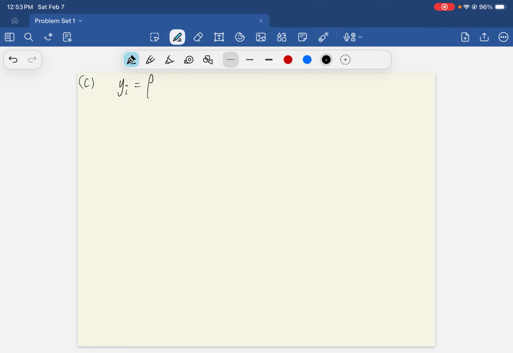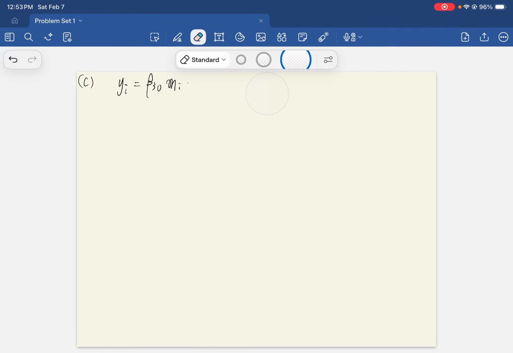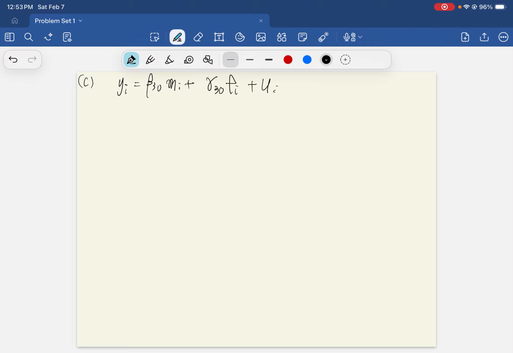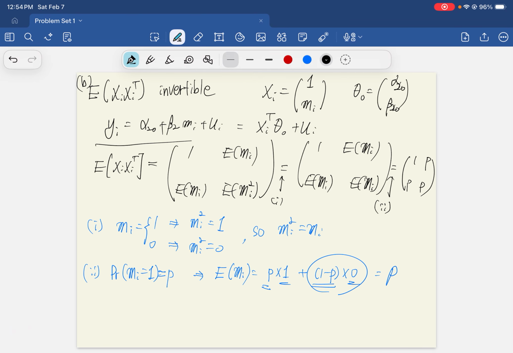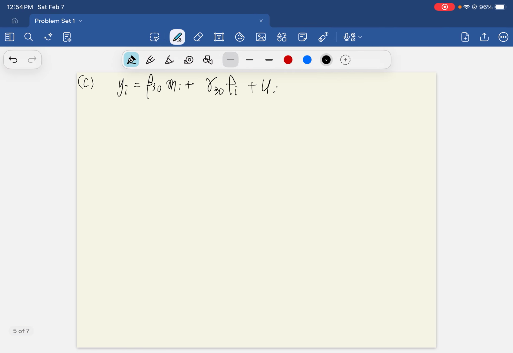C is just no difference. y is beta 3,0 m_i plus gamma 3,0 f_i plus u_i. By the way, if you wonder why I'm using 3,0 and not just the same gamma here, the answer is that when you change the equation from here to here, the coefficient also changes.